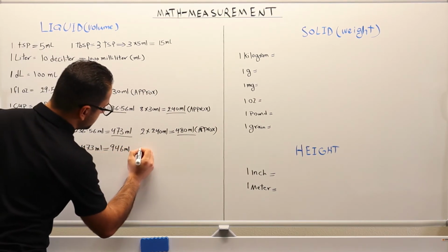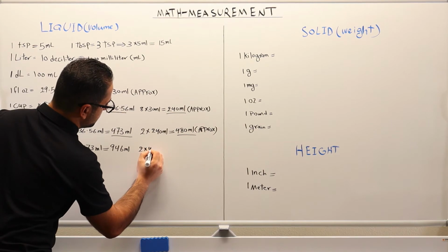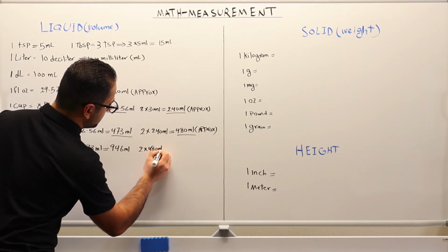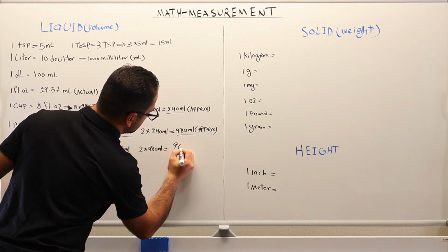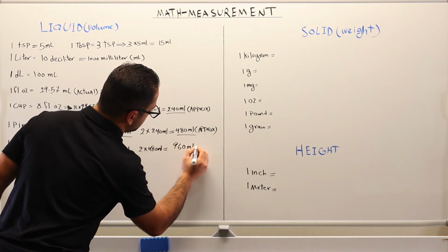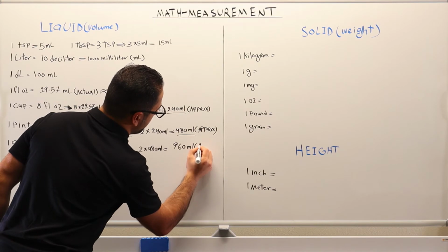And if I multiply 2 times 480 milliliters, this is going to result in 960 milliliters. And this is the approximate.